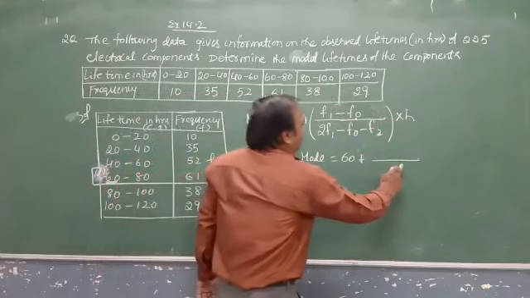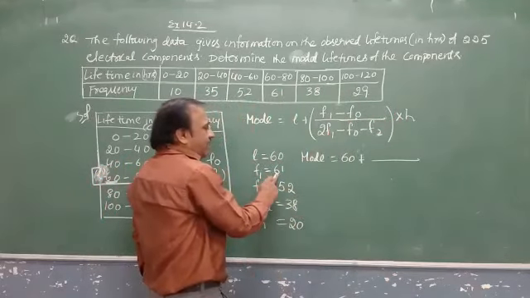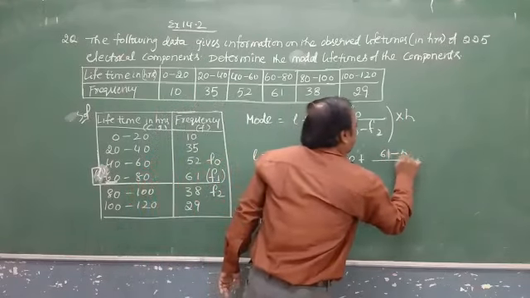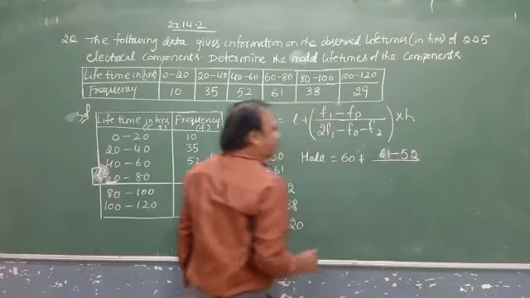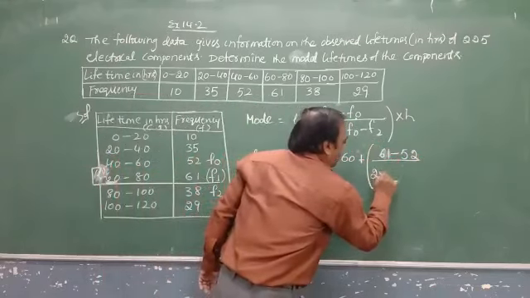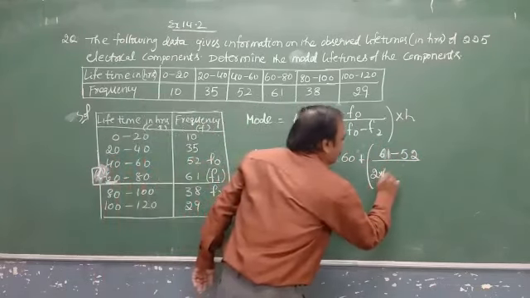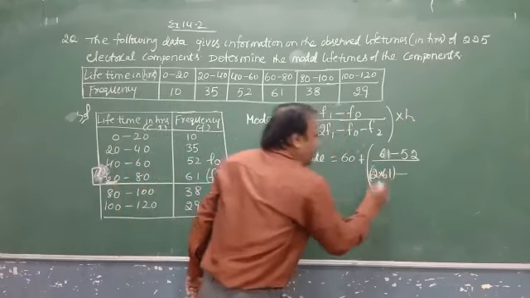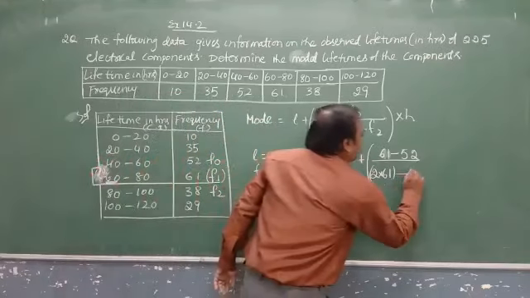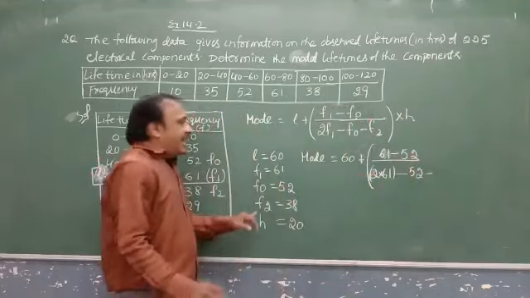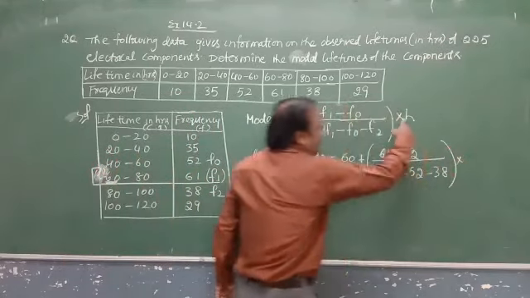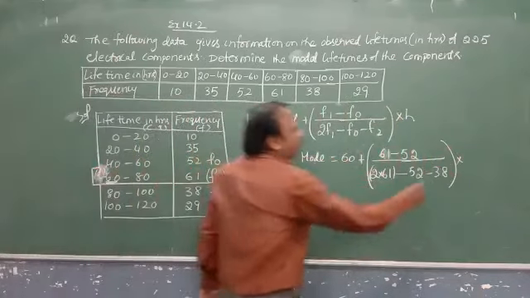Next, 60 plus F1 minus F0: F1 is 61 and F0 is 52, so 61 minus 52, by 2F1, which is 2 into 61, minus, keep it in brackets so that you will not get confused, minus F0 value 52, minus F2 value 38, into H. H is the class size, that is 20.